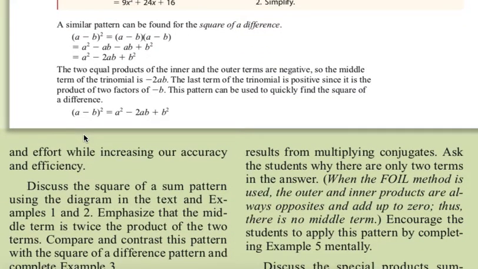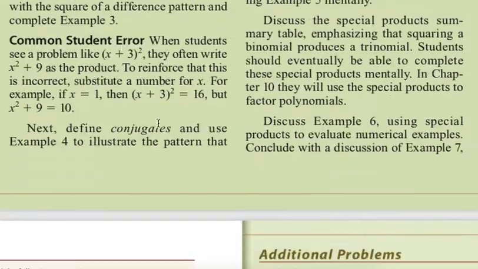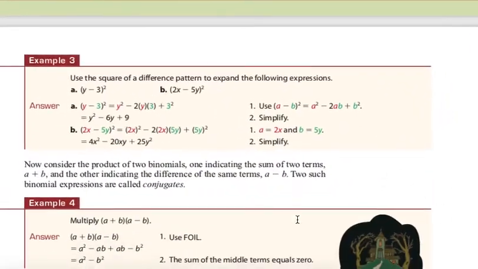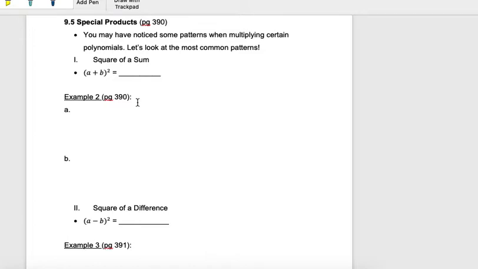So just like we have the square of a sum, we also have the square of a difference. a minus b squared is going to be a squared minus 2ab plus b squared. So it's very similar to our last one, except that you will have a negative right over there. Let me take a look at our notes real fast.